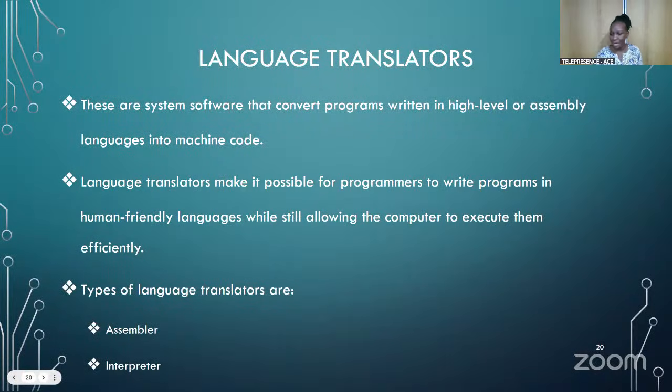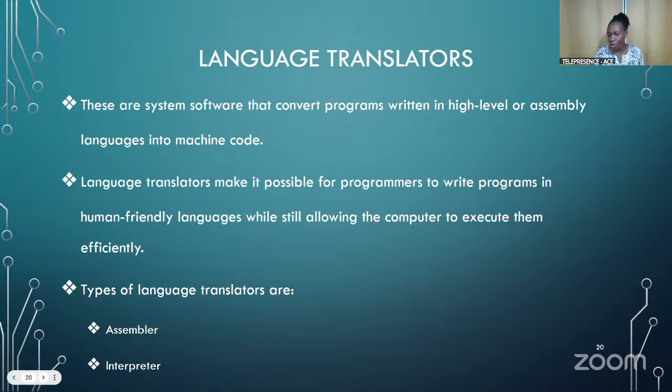Now, when we are talking about language translators, they are system software that convert programs written in high-level or assembly languages into machine code. Language translators make it possible for programmers to write programs in human-friendly languages. They help you because they stand as intermediary. Take for instance, if you travel to a French-speaking country, you might not be able to understand their language, which is French. There will be someone that will interpret.